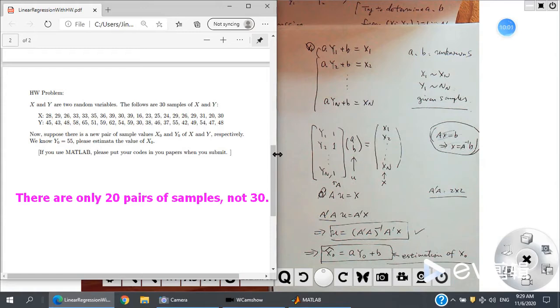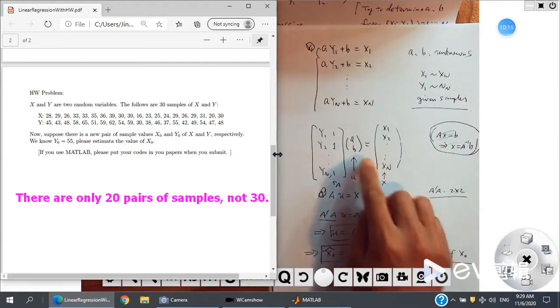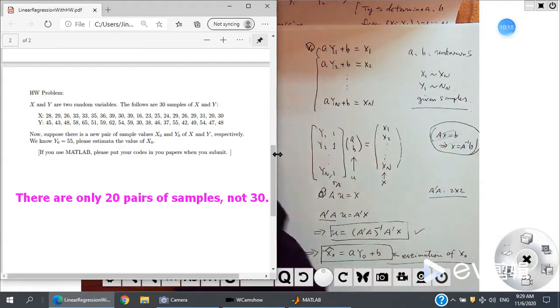We want to find the related value x0. So this is a problem. We need a linear regression. We find a and b firstly, and then I use this formula to estimate.